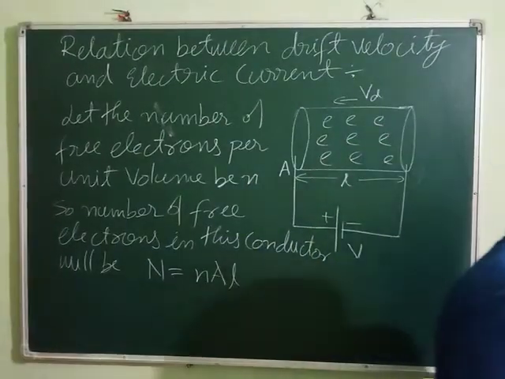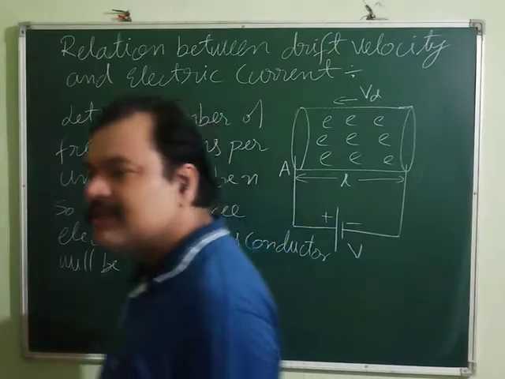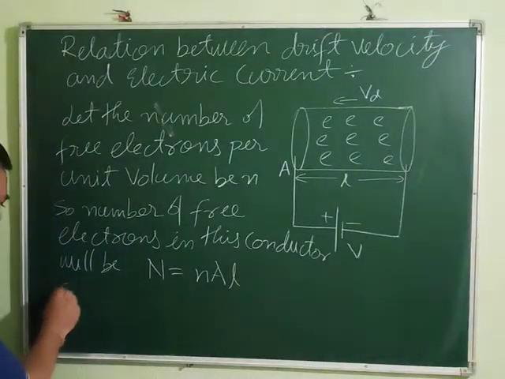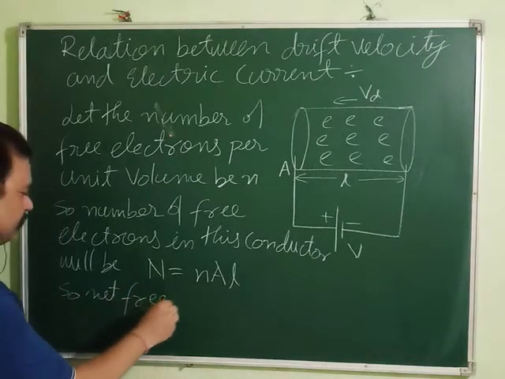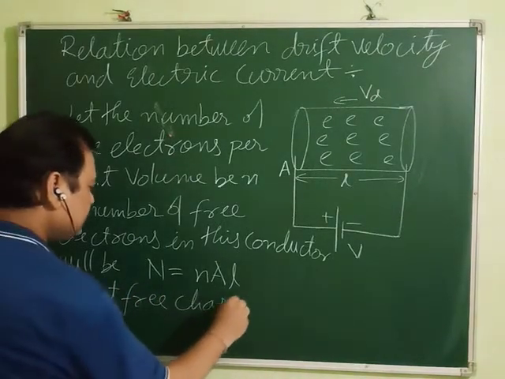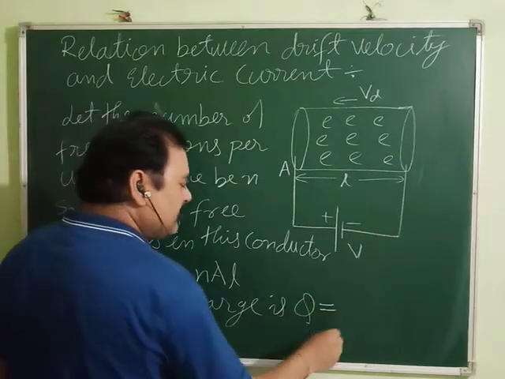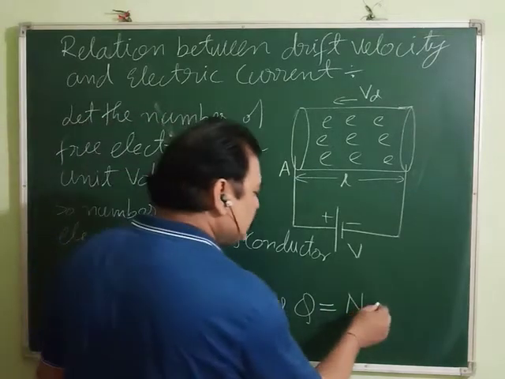Now once we have got the total number of electrons, can we find out the total charge on these free electrons? Obviously. So net free charge is Q, and Q is the total number of electrons N, and charge on each electron is e.